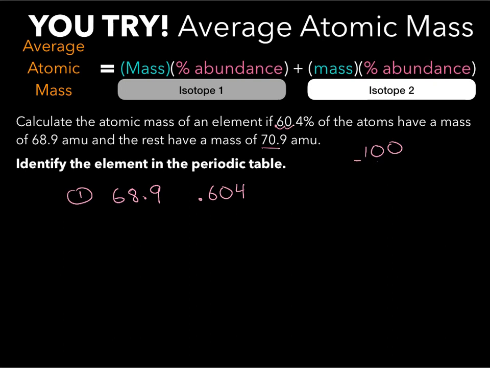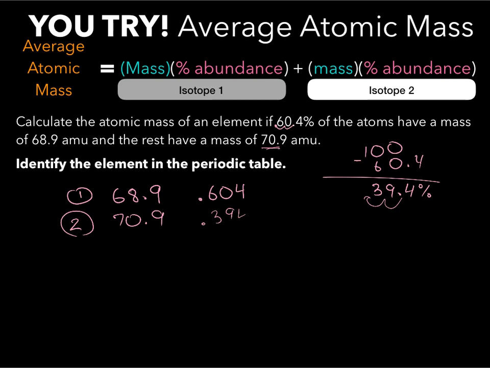If we take 100 minus 60.4, the second isotope is going to have a percent abundance of 39.6%. So our second isotope has a mass of 70.9 AMU and a percent abundance of 39.6. If we change that to a decimal, we get something that looks like this.